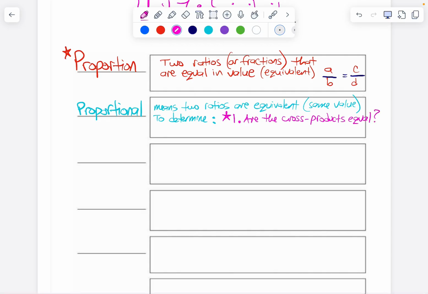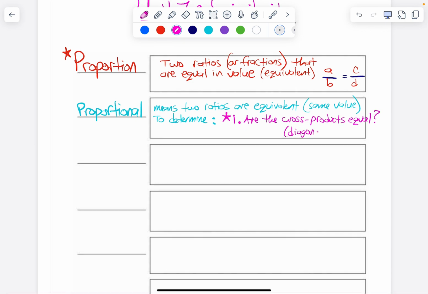Okay, so be careful, that means diagonal. This isn't always the best way to answer if it's proportional, but it is 100% the best way to solve.